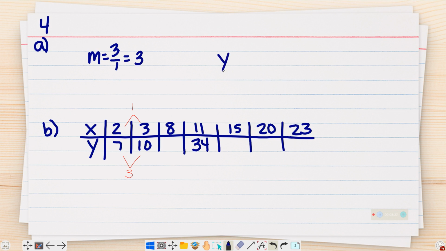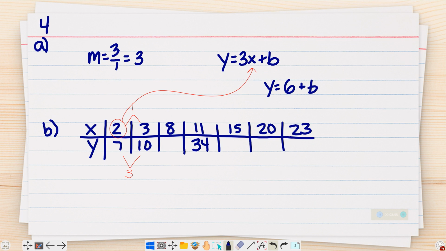So we know that we're going to start with y equals 3x, because m goes right in front of the variable. Then we have plus b. We're not sure what b is yet, but I know that if I plug in a 2 in the x position, that would give me y equals 3 times 2, which is 6.